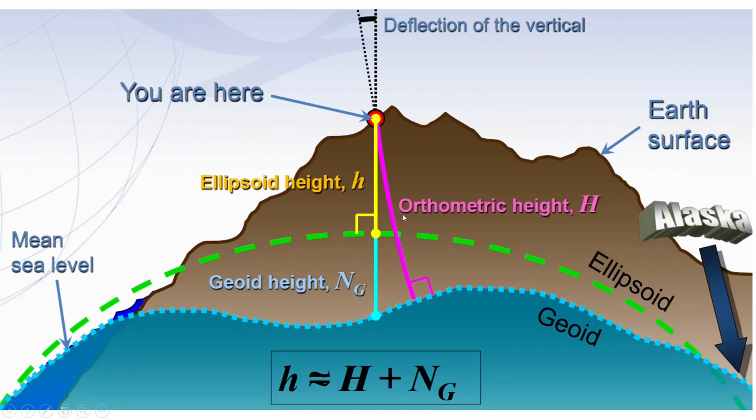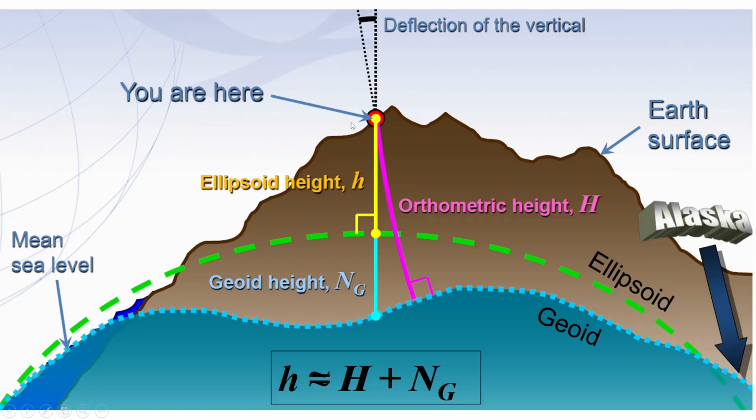In this picture, we can repeat all the main terms that are connected with leveling. We have the geoid, that is the continuous mean sea level, and we have the arithmetic height above the geoid.